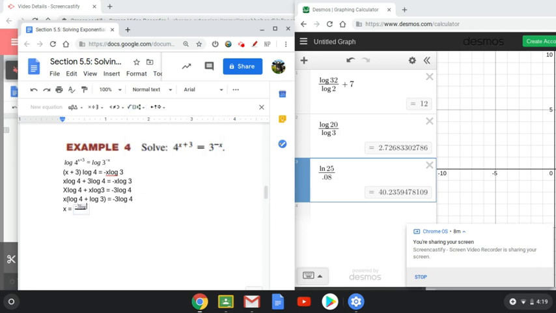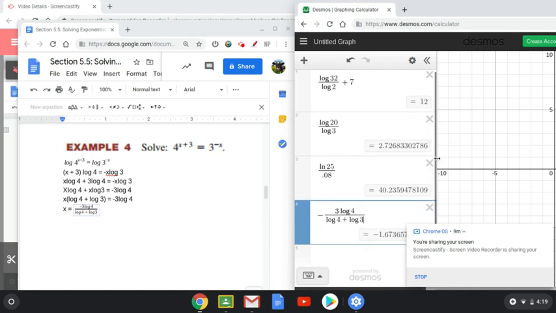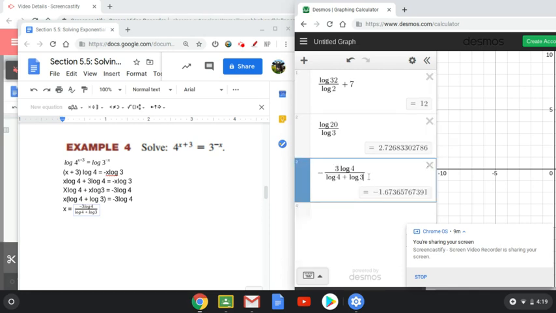Negative 3 log 4 divided by log of 4 plus log of 3. And I type that whole thing in here. So negative 3 log 4 divided by log 4 plus log 3. And when I do that, my answer here is negative 1.674.